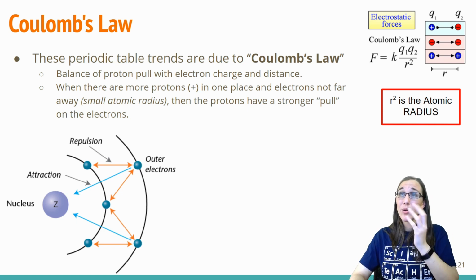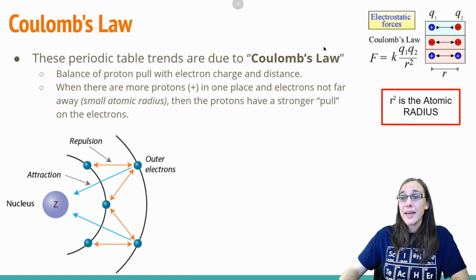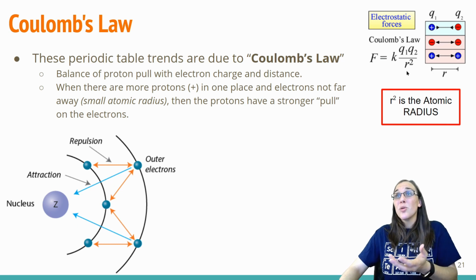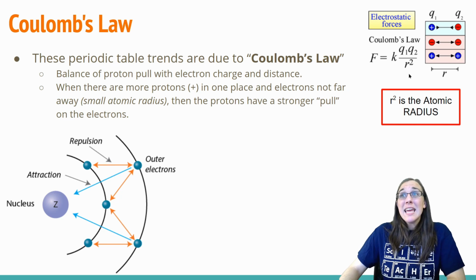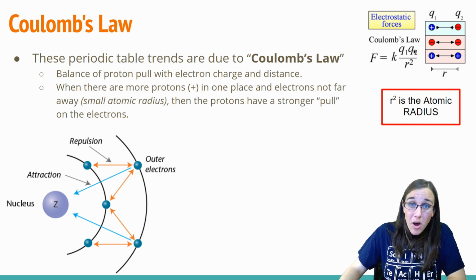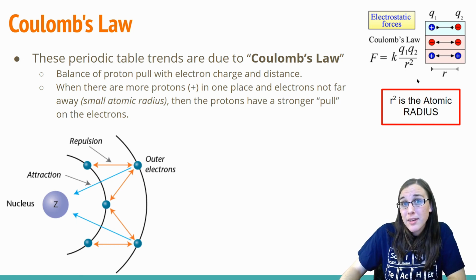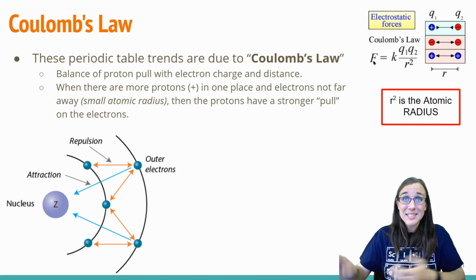So if we're thinking about Coulomb's law, it's represented by this equation right here, where force is equivalent to the charges divided by the radius, the atomic radius. So if we have a charge that's really, really big over a radius that's small, you end up with a big number. If you have a charge that's small over a really big radius, you end up with a small number, which would be a small amount of force or a big atomic size.